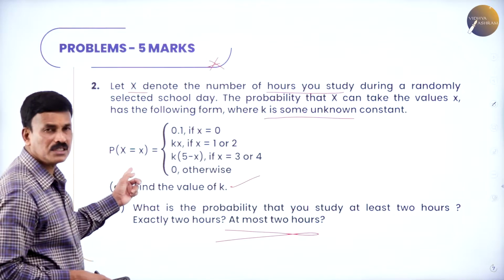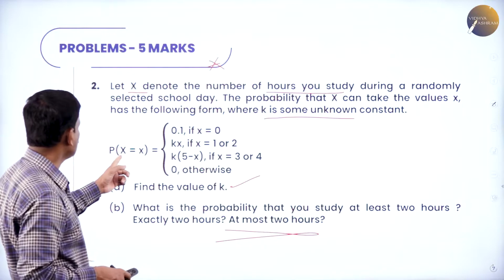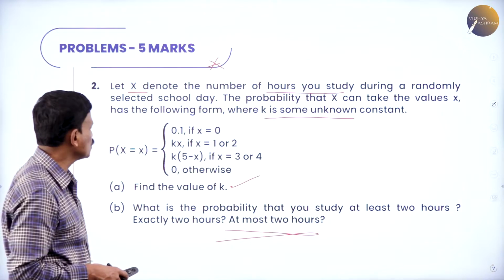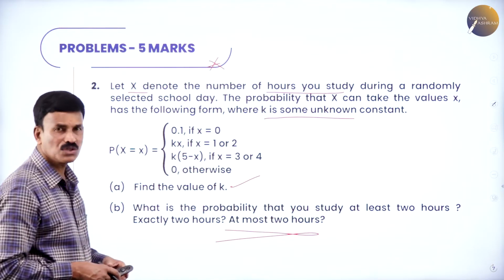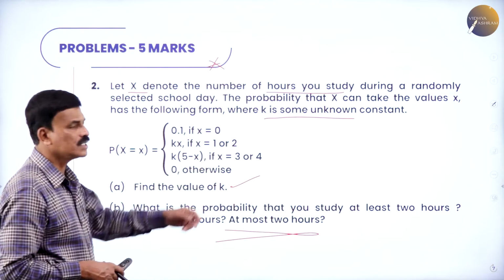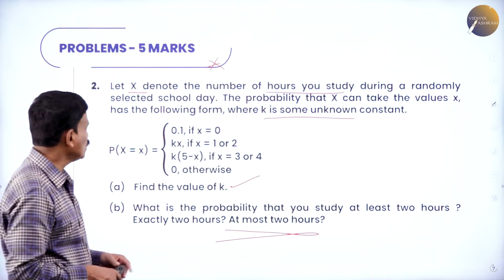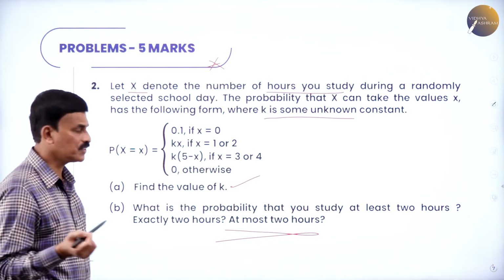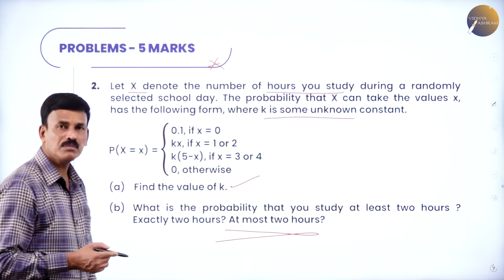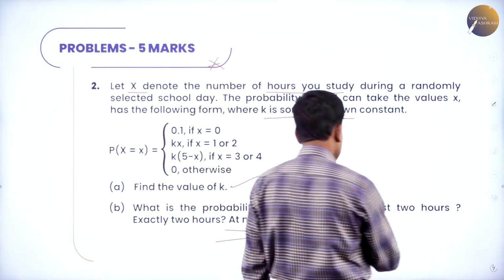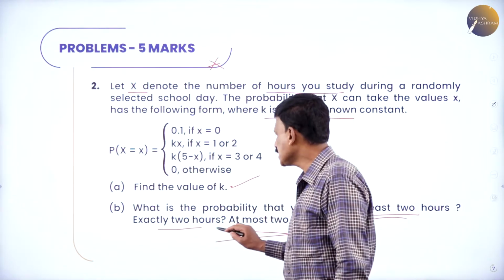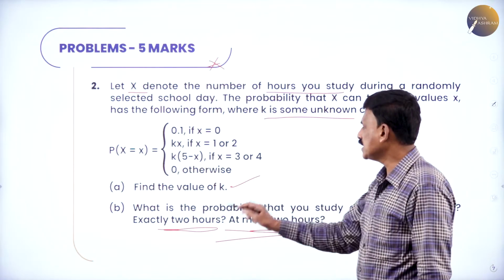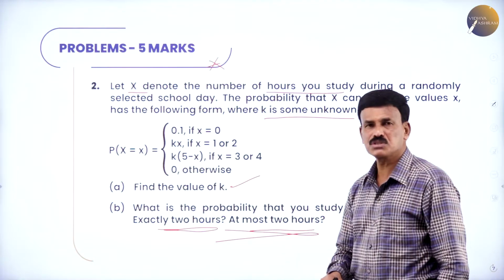The probability of x is 0.1 if x is equal to 0, k times x if x is equal to 1 or 2, k into (5 minus x) if x is equal to 3 or 4, and 0 otherwise. Then find the value of k, and also the probability that you study at least 2 hours, exactly 2 hours, and at most 2 hours. That is to be determined.